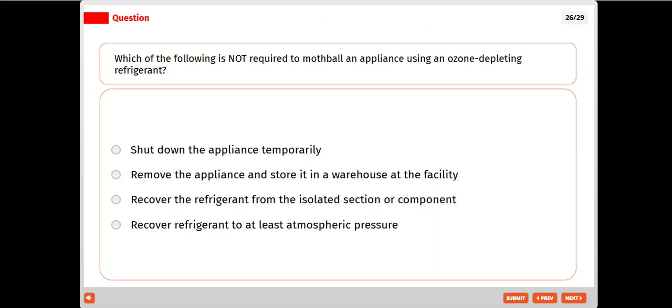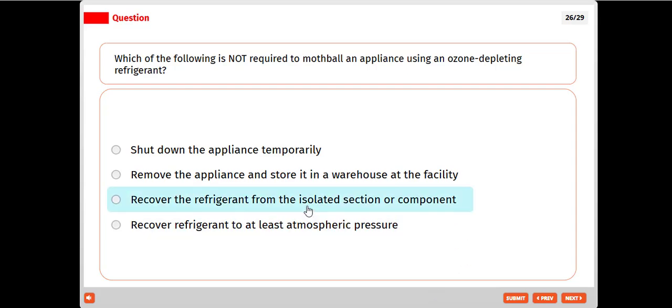Which of the following is not required to mothball an appliance using an ozone depleting refrigerant? Shut down the appliance temporarily; remove the appliance and store it in a warehouse at the facility; recover the refrigerant from the isolated section or component; recover refrigerant to at least atmospheric pressure.